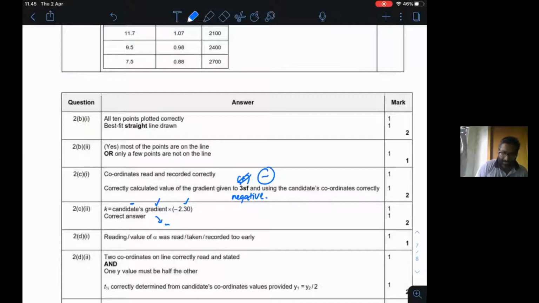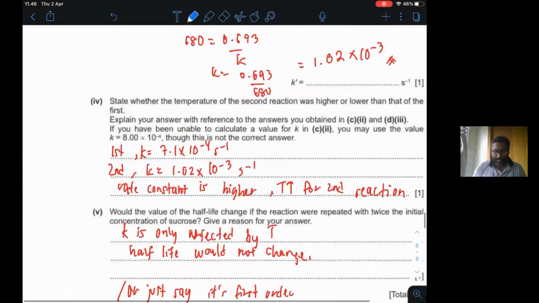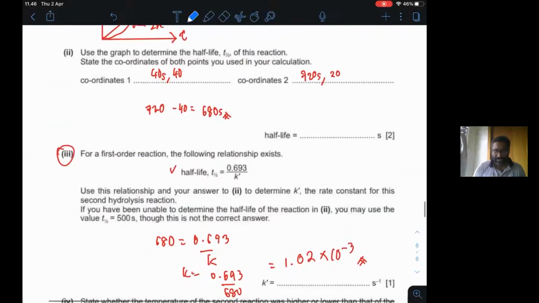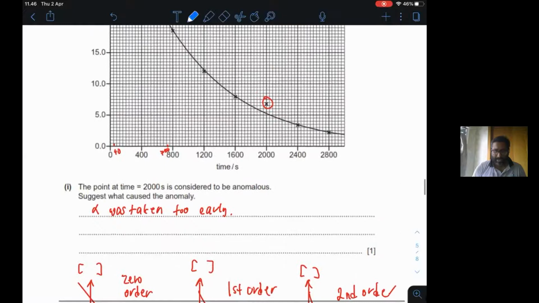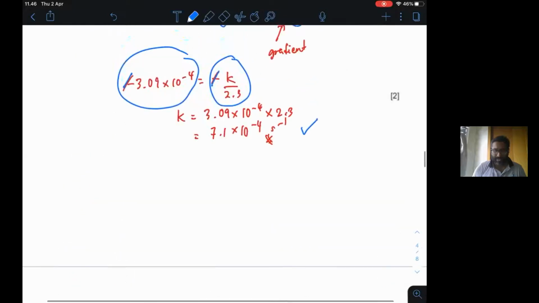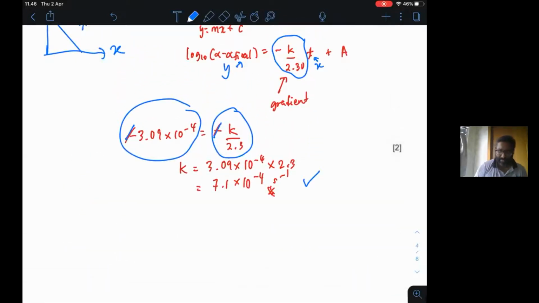A negative value times a negative value gives a positive value. What happens if you get a different sign? I don't think they are going to deduct marks, because they didn't mention it. But let's follow what we're supposed to do: make sure the gradient you take is negative, then the actual answer for k is a positive value.